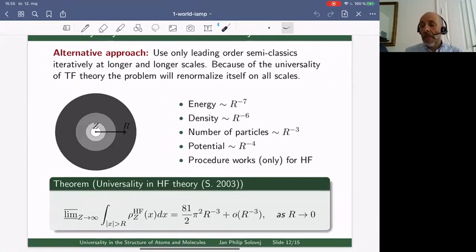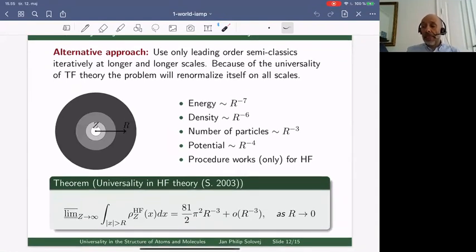So if you want the behavior of the Thomas-Fermi potential, the r to the minus 4 here, at every single scale you show that it actually behaves like this universal constant times r to the minus 4.